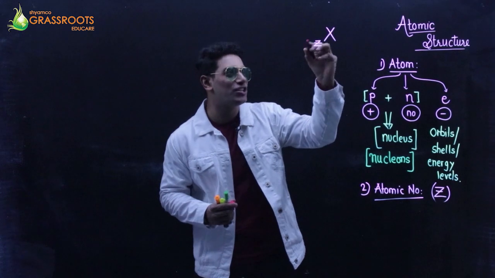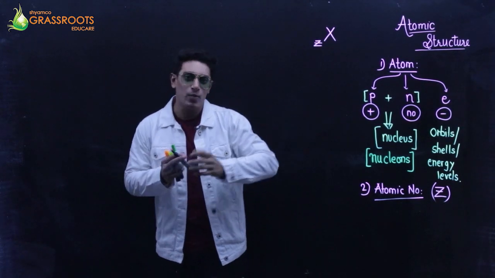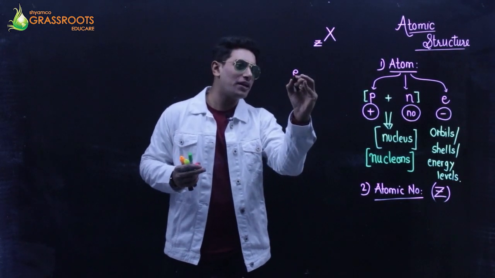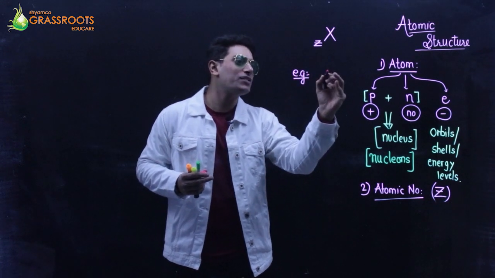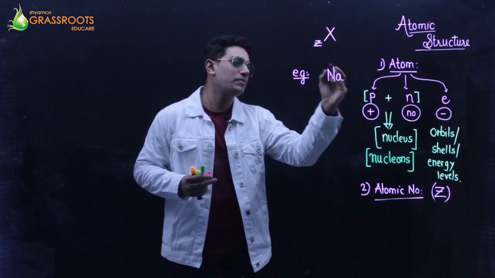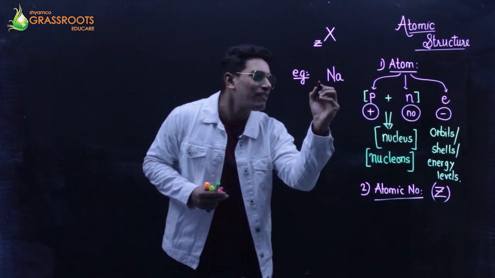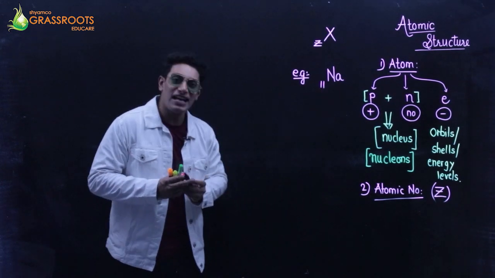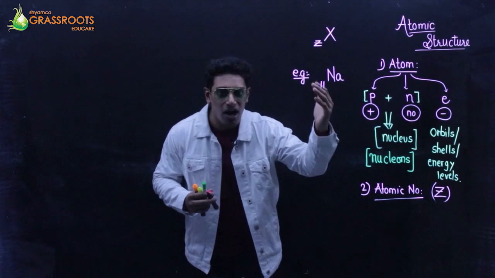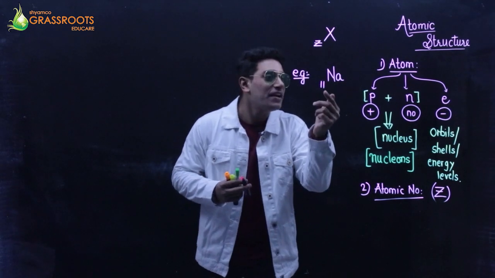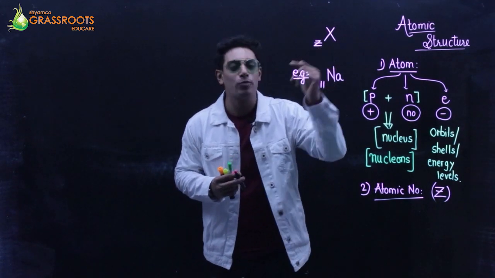This is the positioning of an atomic number. Whenever I'm talking about an atom called sodium, Na is sodium, and I write 11 at the base, can I say sodium is an element having 11 as the atomic number?